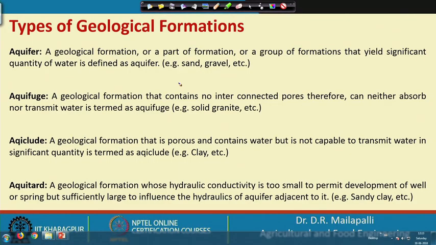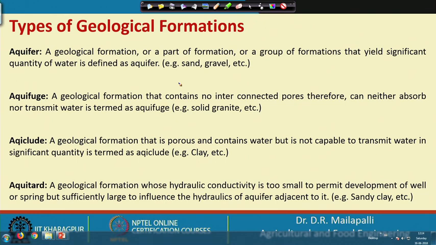When they see sand coming out from the hole, they think they have reached the aquifer and they stop digging, because sand is a good aquifer material that can take water as well as transmit water.